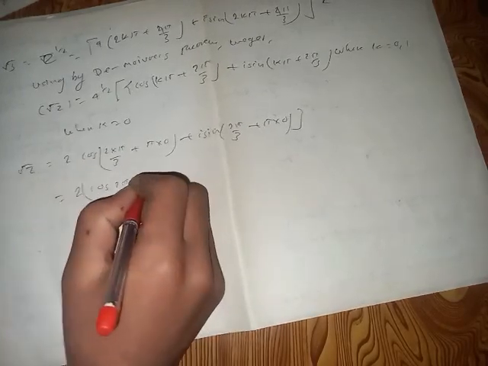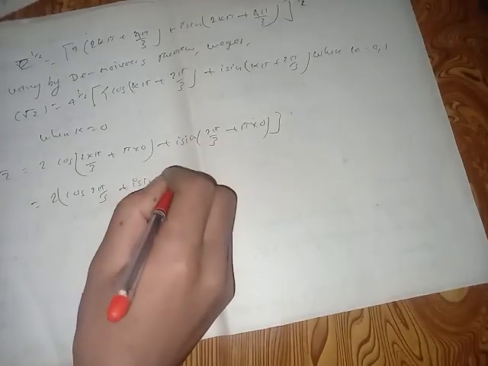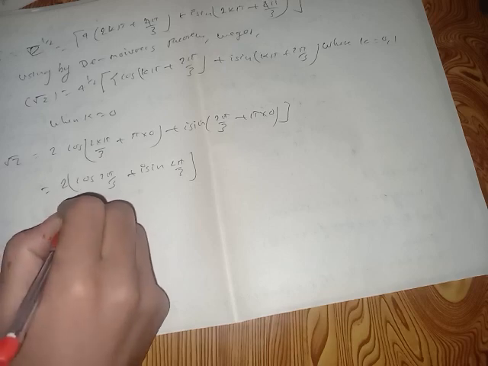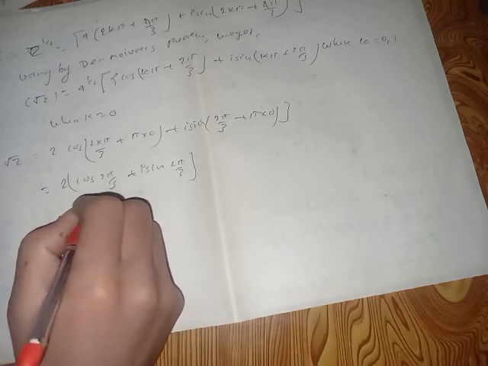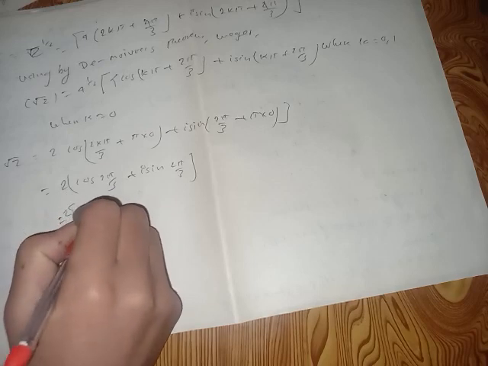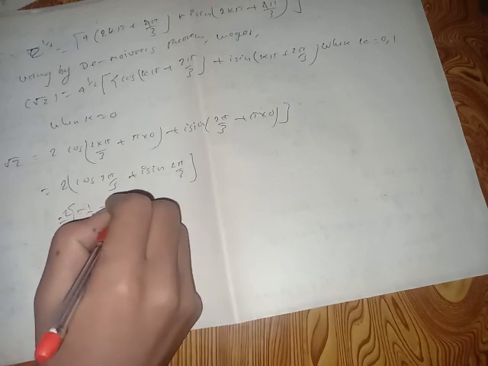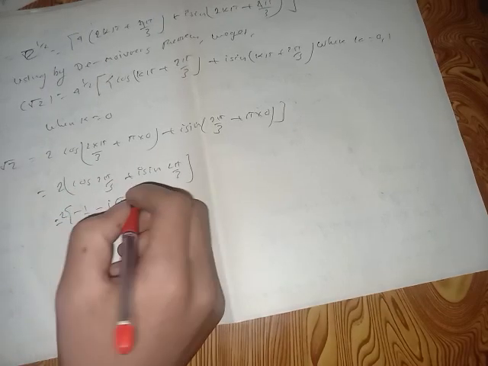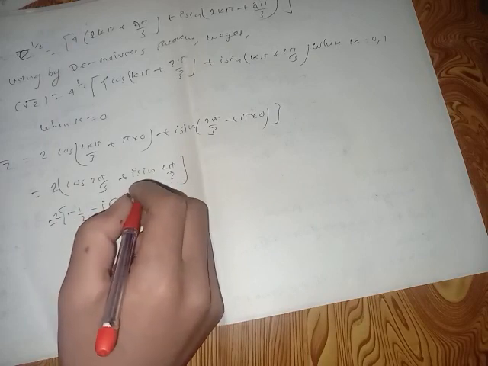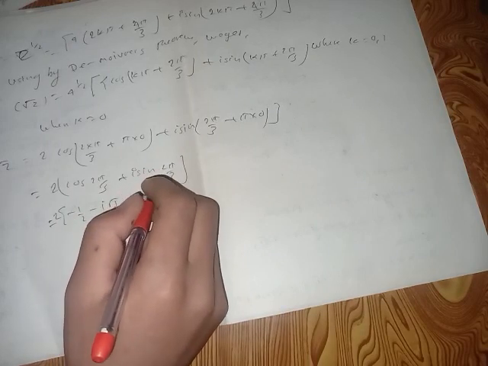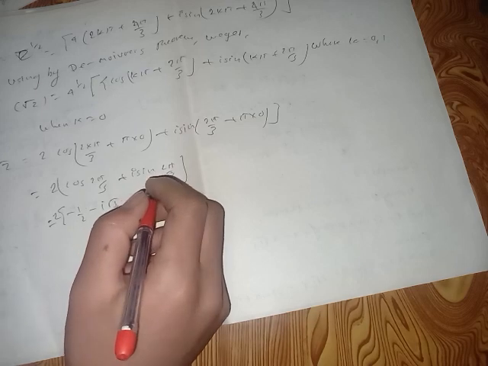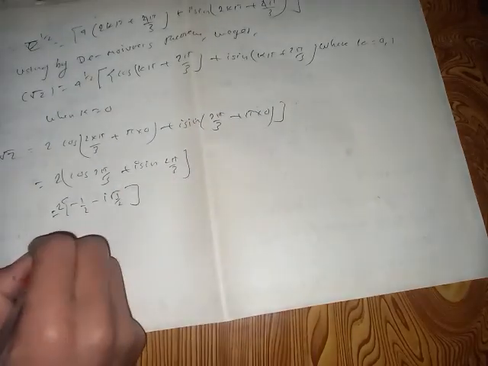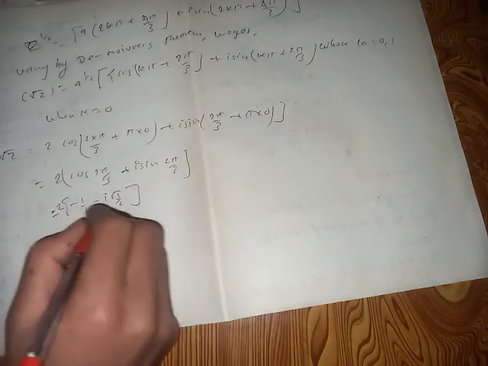4 power 1 by 2, cos of (k pi plus 2 pi by 3) plus i sin of (k pi plus 2 pi by 3), where k is equal to 0 and 1.